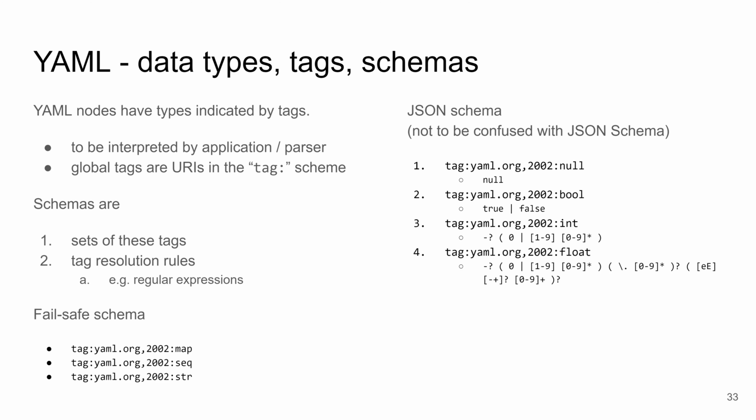And a YAML library for a specific language may then read the tag and interpret the value as a native data type of a specific programming language. So we already talked about two schemas, a fail-safe schema, which every YAML parser needs to know, and a JSON schema, which is an extension, which makes every JSON document readable by a parser who understands this JSON schema.